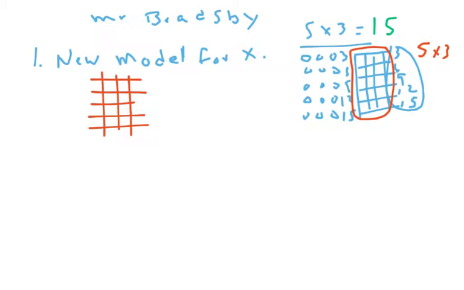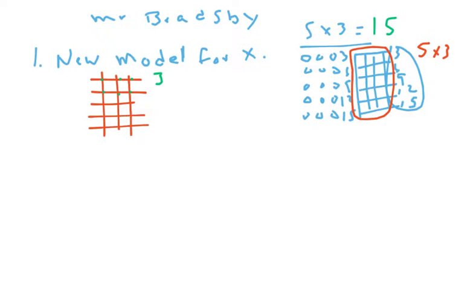Okay, so here's 5 lines, 1, 2, 3, 4, 5 by 3 lines. And so we count the intersections. So here's 1, 2, 3. Just like the other model, except we don't have to make it a complete box. We can just draw lines.